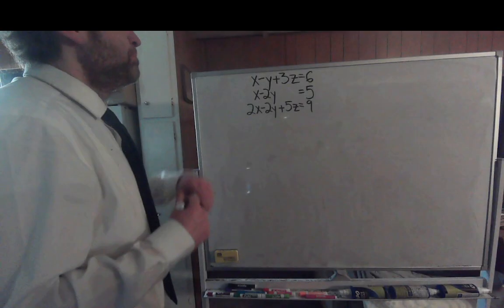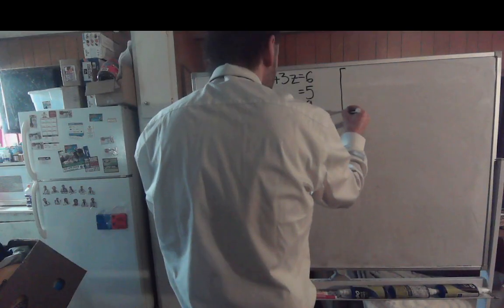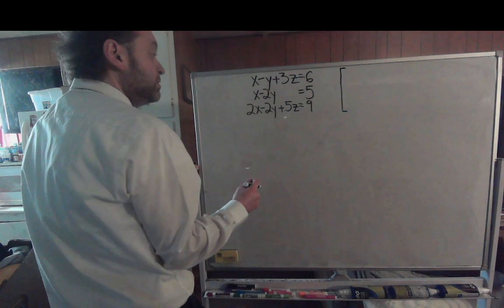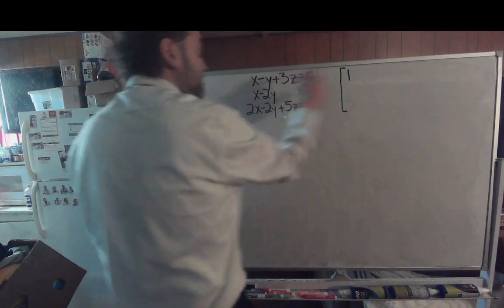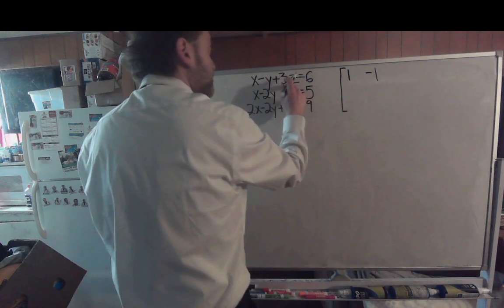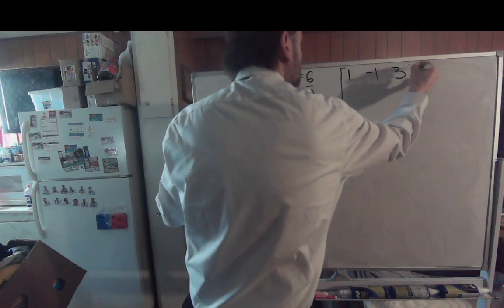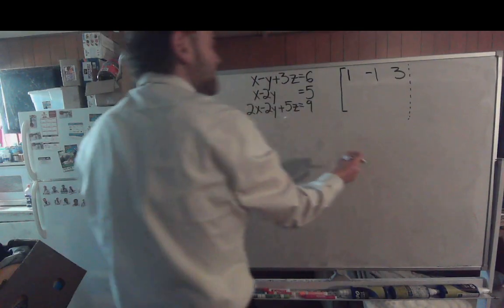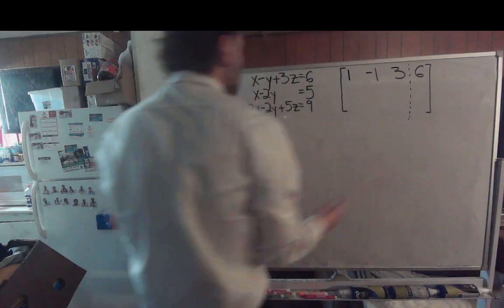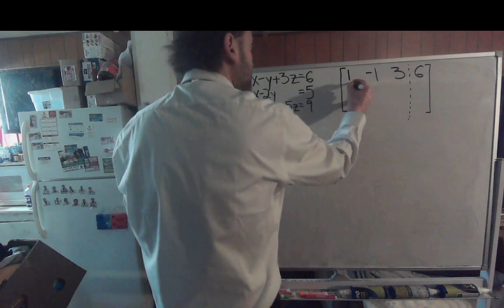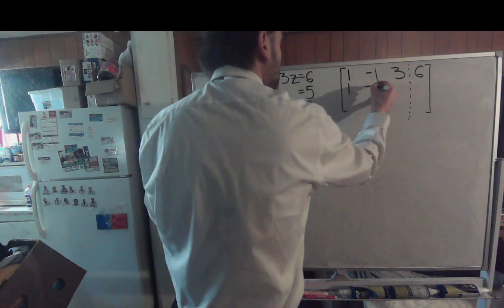But anyway, let's go ahead and convert this into a matrix. 3 equations is 3 rows. So the first row, you take the 1 on the x, the negative 1 on the y, the 3 on the z. Then to the right of that augmentation line, you'll put the 6. Alright, second row, take the 1 on the x, the negative 2 on the y.